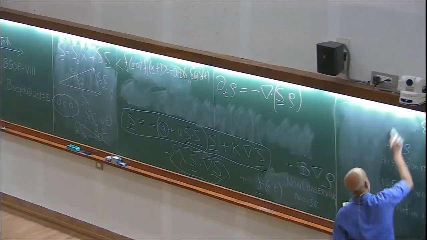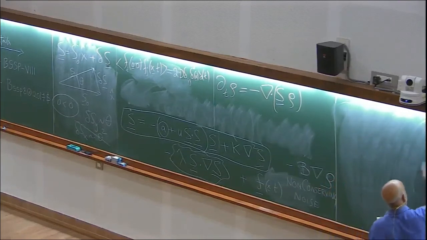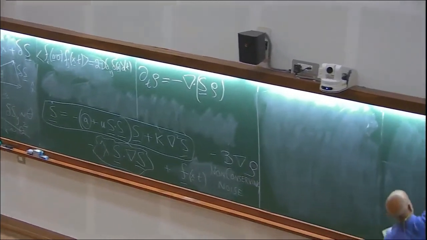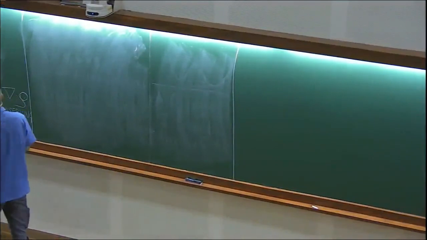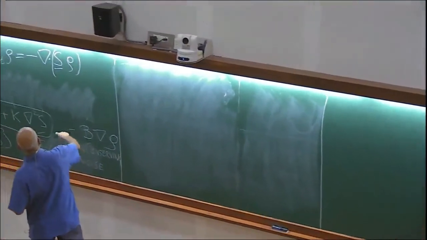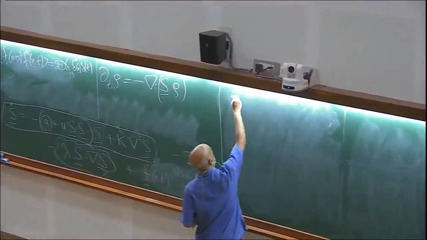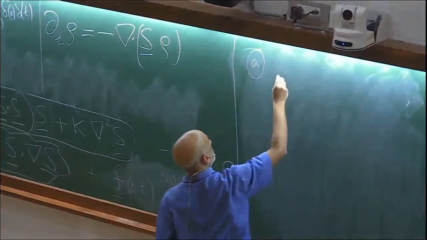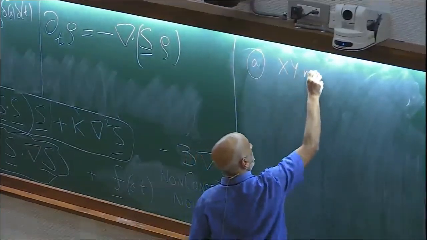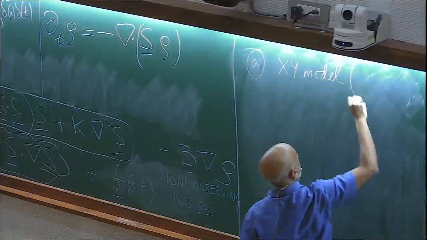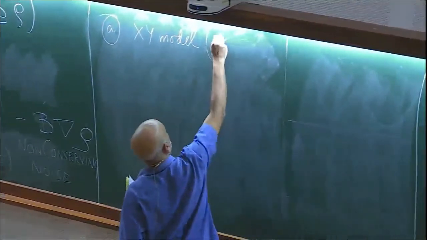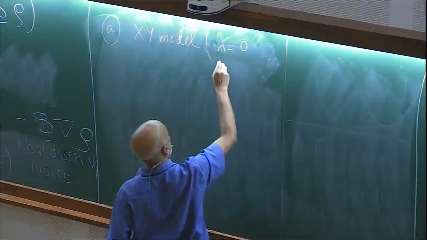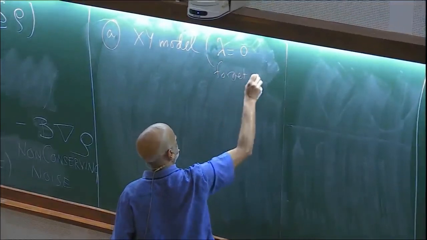So what we'd like to do is just a little bit of algebra. And I actually won't do the algebra in any detail. Let's just do the XY model. So I forget there is no rho, and so this coefficient lambda is 0, and forget the density.